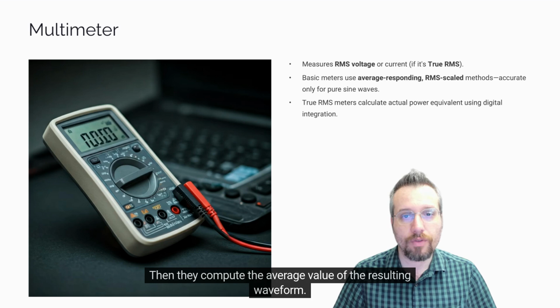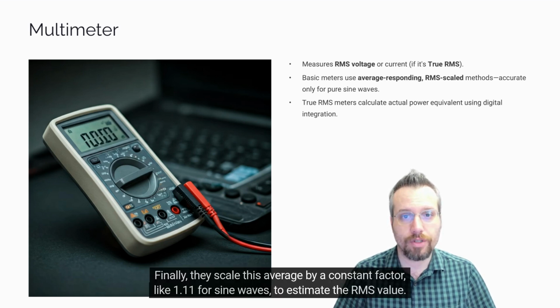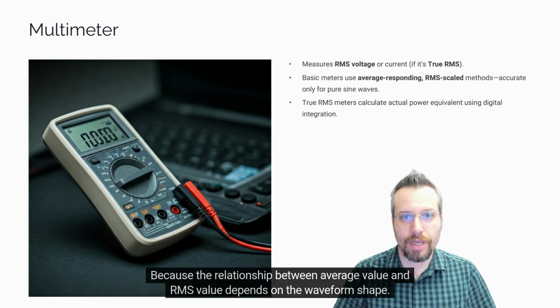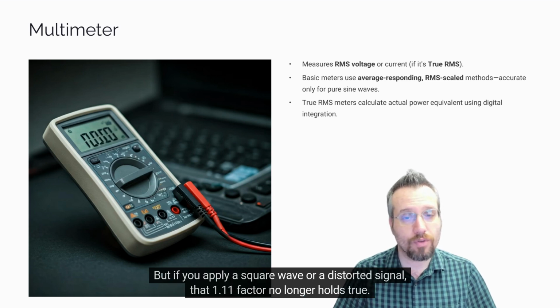Then they compute the average value of the resulting waveform. Finally, they scale this average by a constant factor, like 1.11 for sine waves, to estimate the RMS value. That works only if the waveform is a pure sine wave. Why? Because the relationship between average value and RMS value depends on the waveform shape. But if you apply a square wave or a distorted signal, that 1.11 factor no longer holds true.